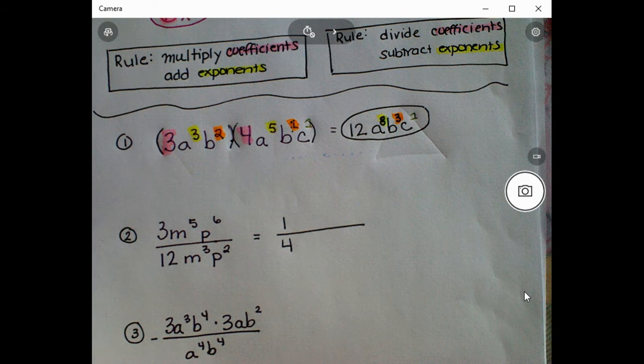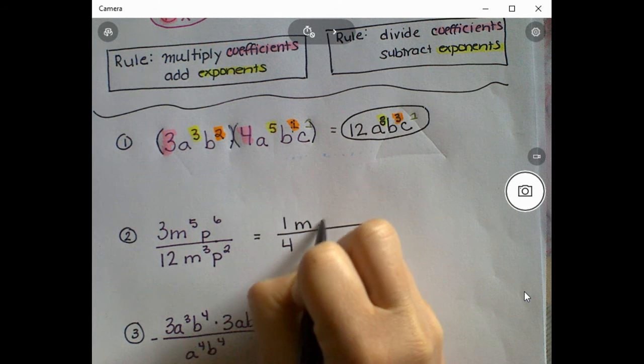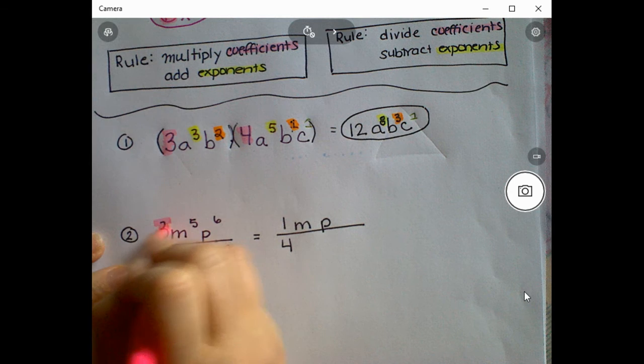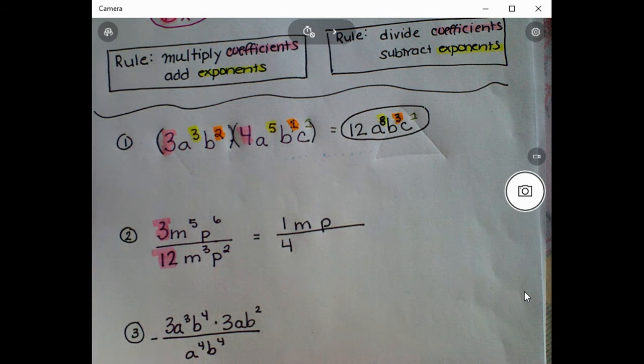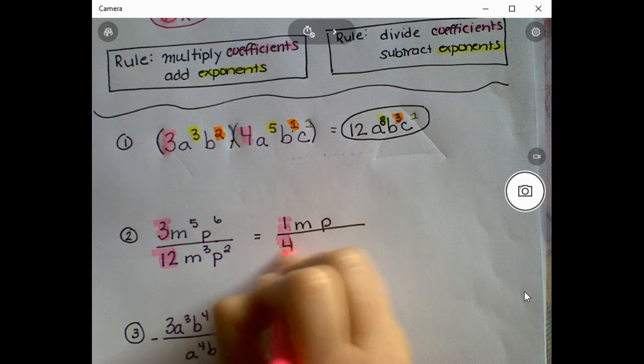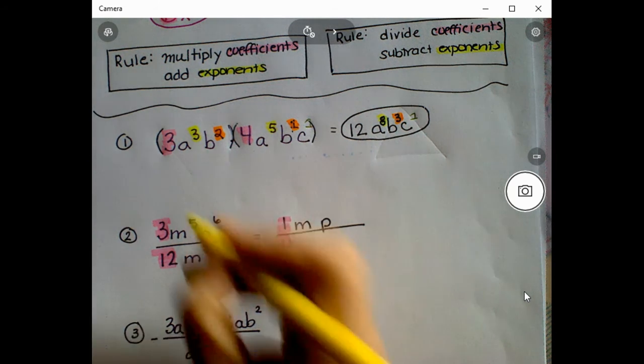All right, and then we're going to go with the variables. We have some M's and some P's. I write them all in the numerator because I can move them later if I need to, but for right now, we're just going to keep it up there. So we have simplified our coefficients, and now we're going to look at the exponents.